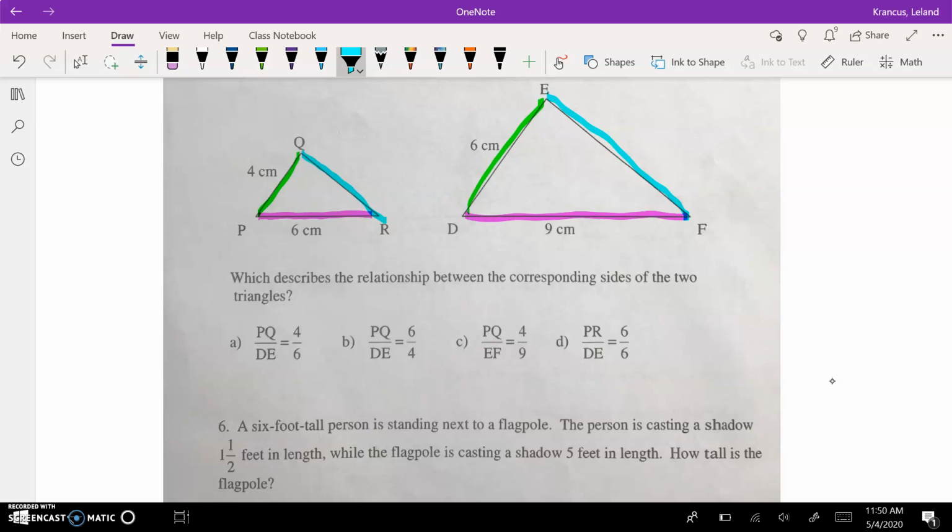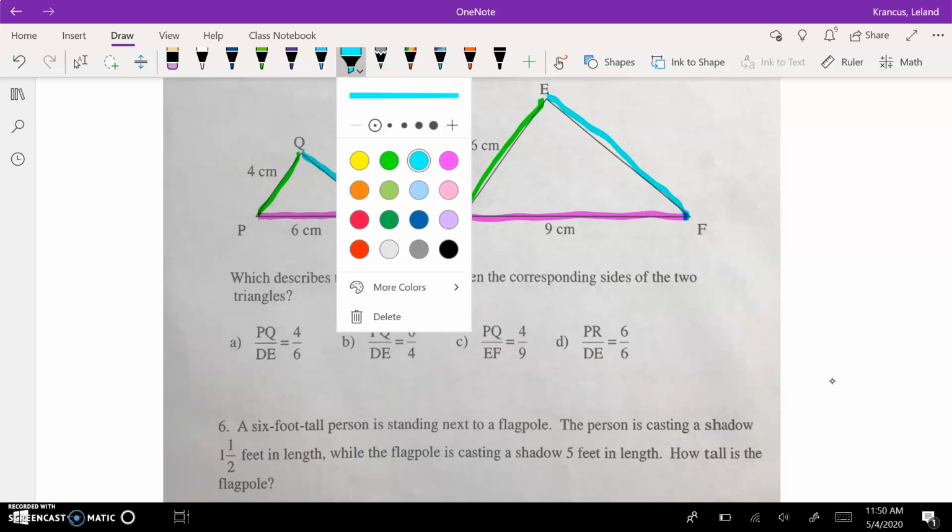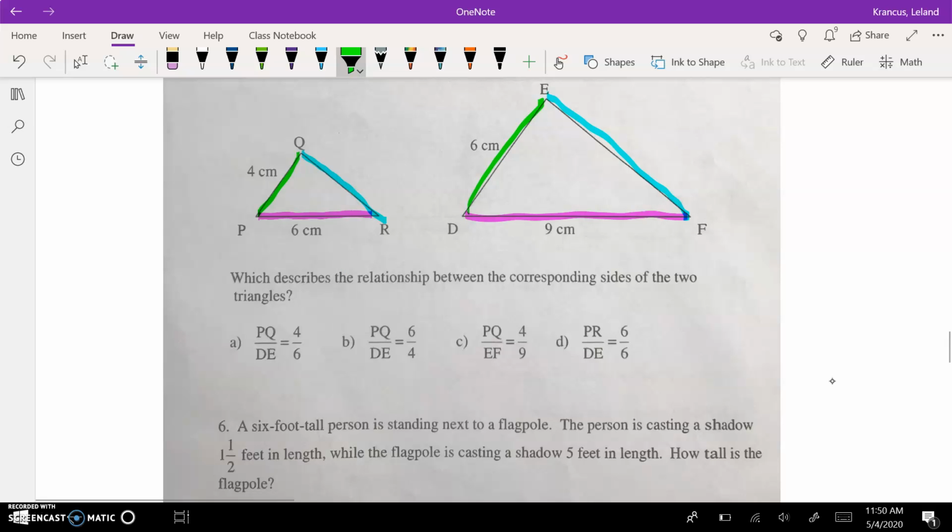So for example, like PQ is green, DE is green, 4 goes with PQ, 6 goes with DE, so that would be the correct one. If you were to do the same thing with this, you'll notice you have PQ over DE.